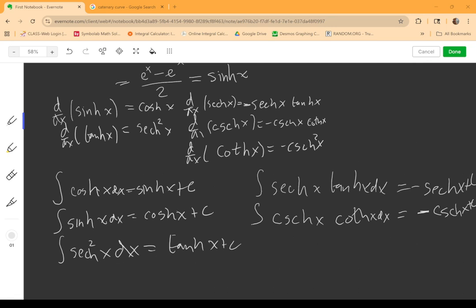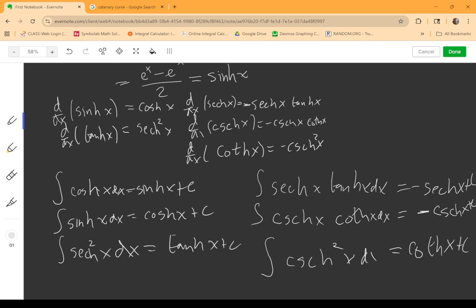And lastly, I have the integral of hyperbolic cosecant squared of x dx, which is equal to negative hyperbolic cotangent of x plus c.